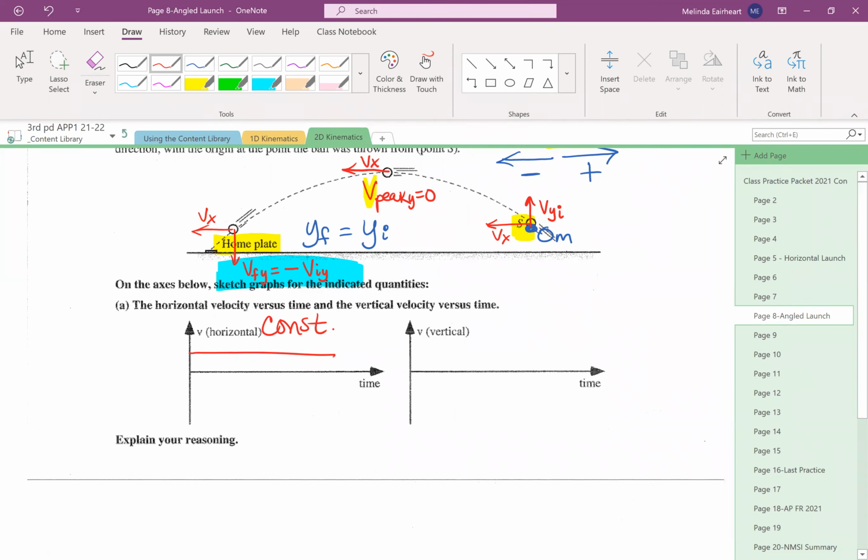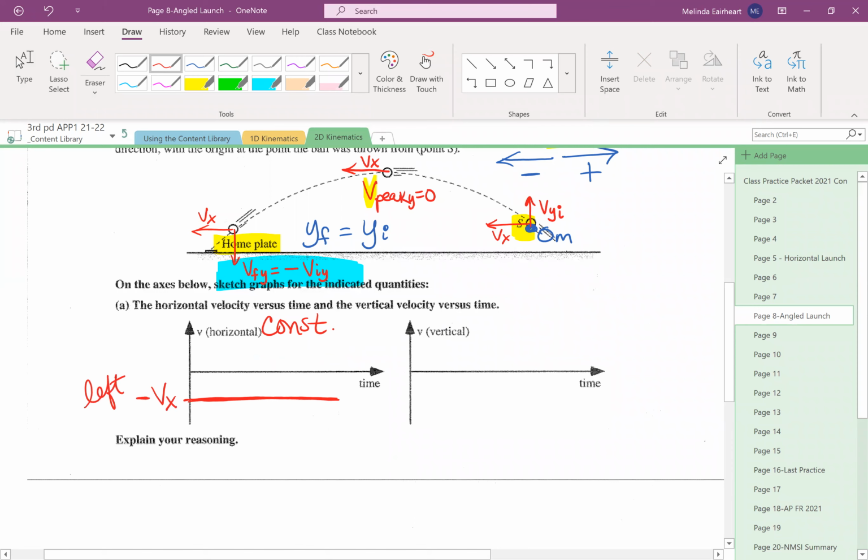What should it be? Going to the left. They said right was positive, so we need to make it negative and constant. So this is our Vx, and it is negative because we're going to the left. Good there?